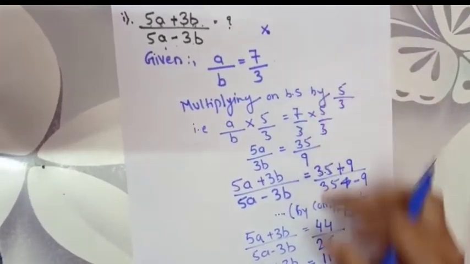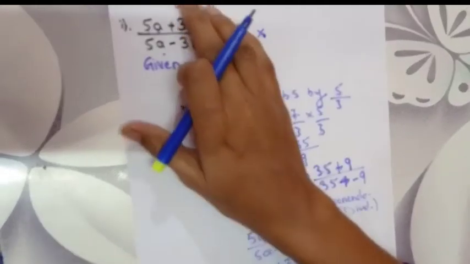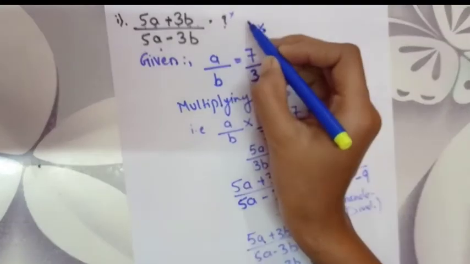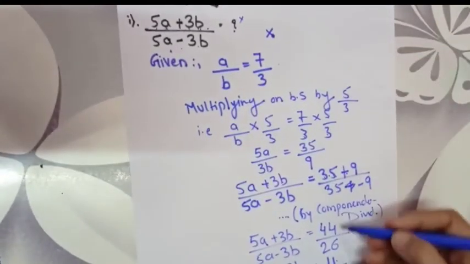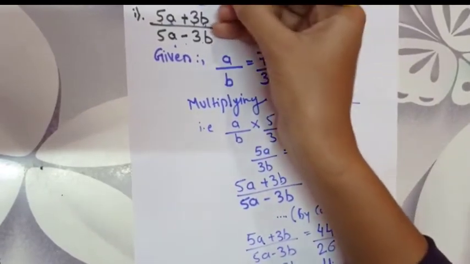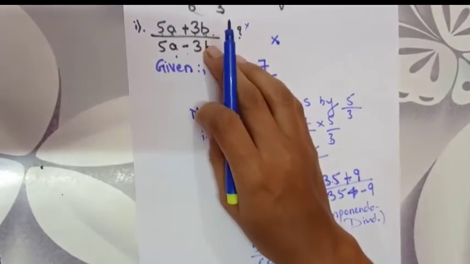In this way, we have solved this problem so easily. We should not put the value of a as 7 in this equation, that will be the wrong method. In this way, we have to add and subtract using the given form, and then find the value of the required ratio.